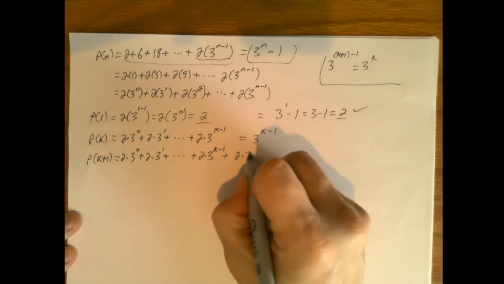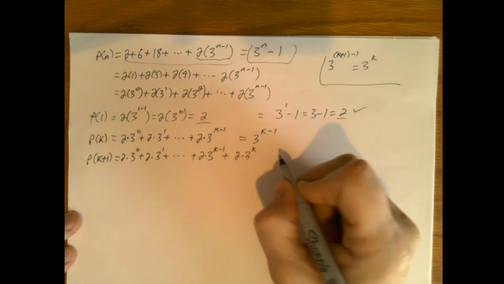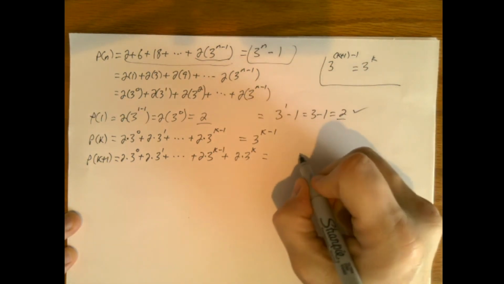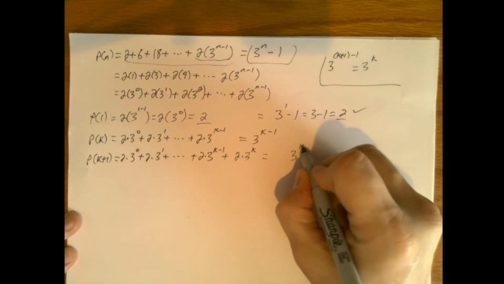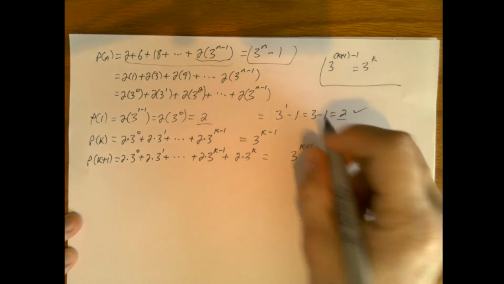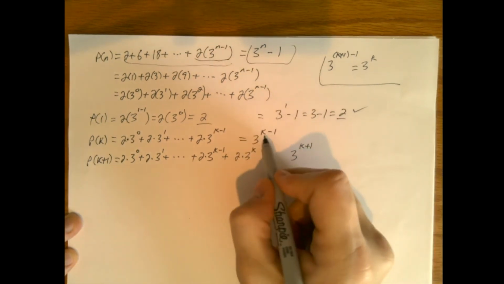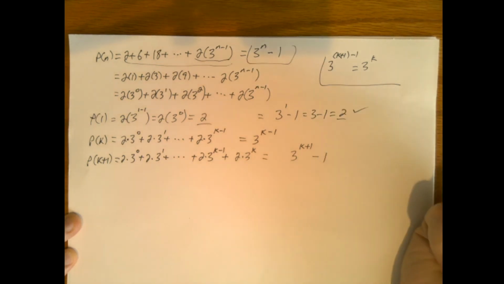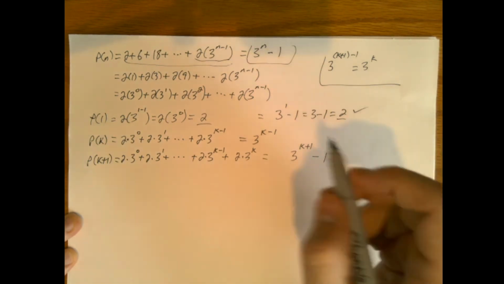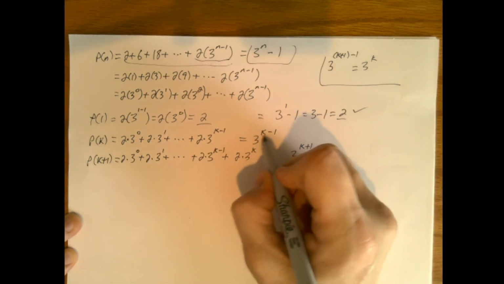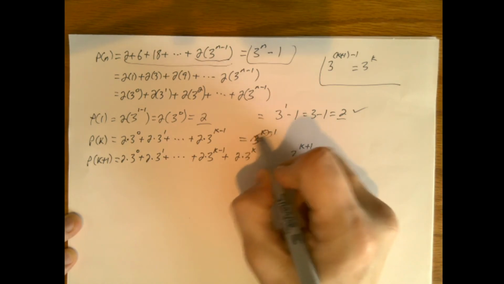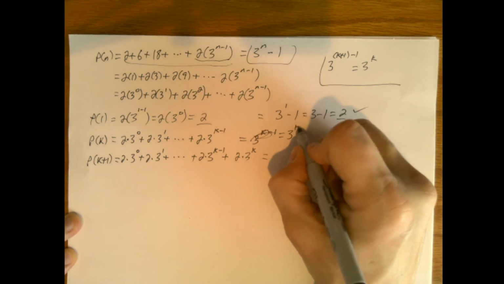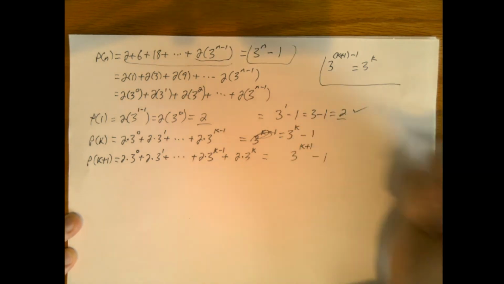So 2 times 3 to the kth, right, is equal to, what does the formula say? 3 to the k plus 1 power minus 1. And actually this is incorrect. This should be 3 to the kth power minus 1 down here.